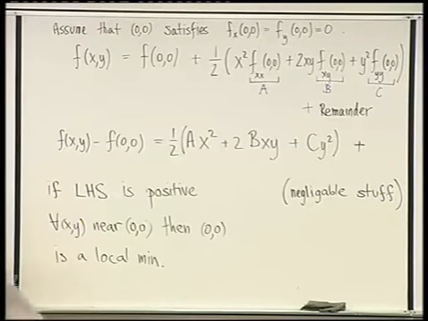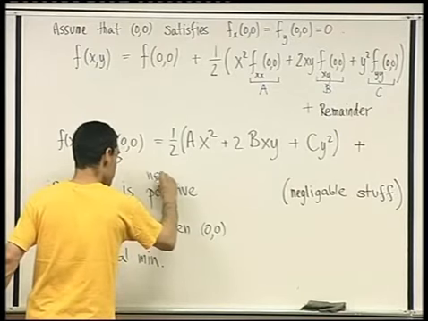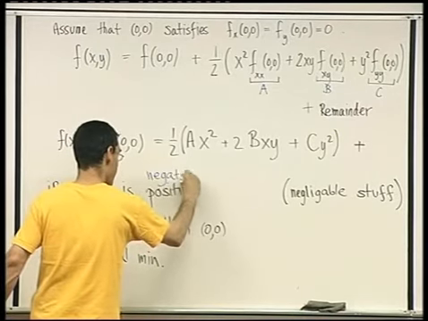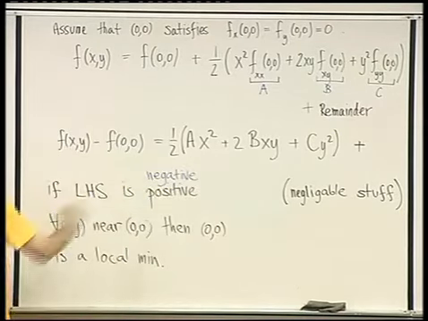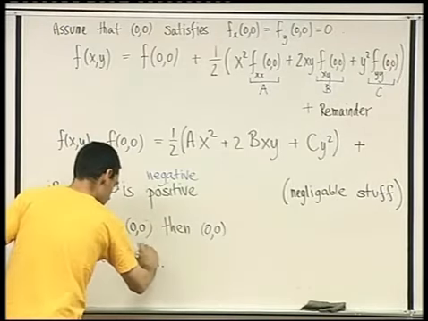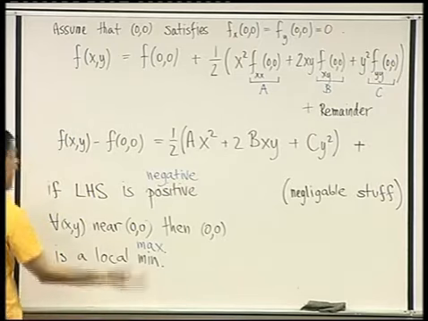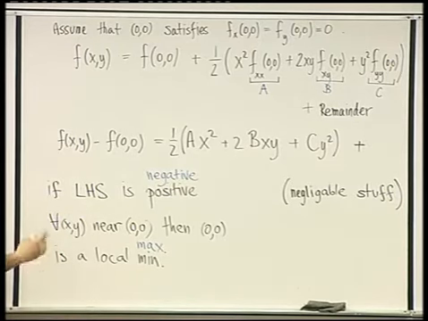Everybody? And let's use a different color. If the left-hand side is negative for every (x,y) near (0,0), then (0,0) is a local maximum. Do you agree? One sec. And if for some (x,y) it's positive and for some (x,y) it's negative, then (0,0) is neither. Okay? Yes, question?